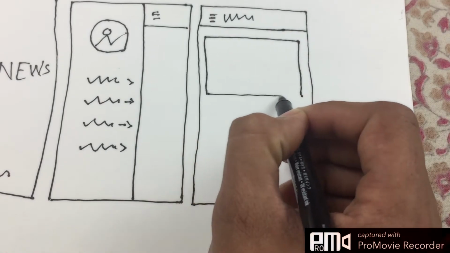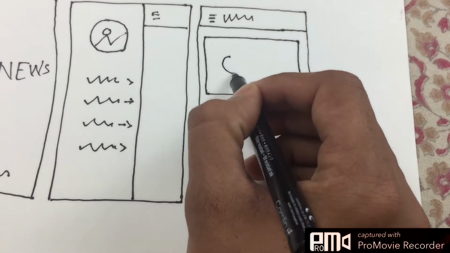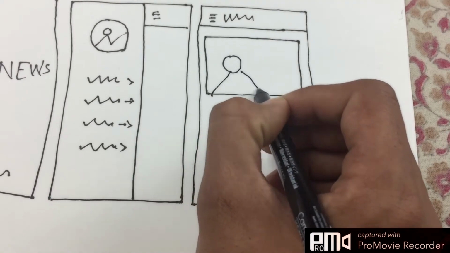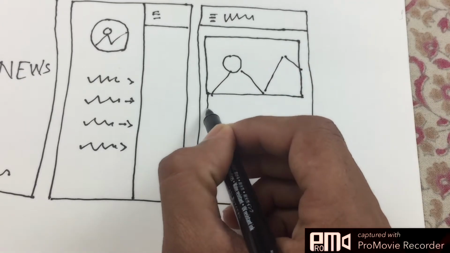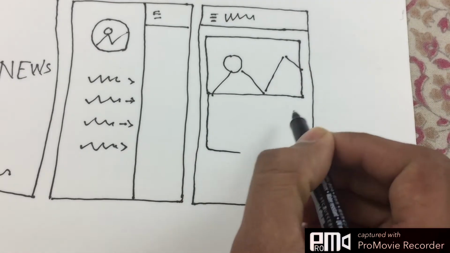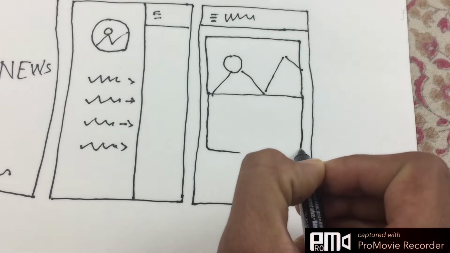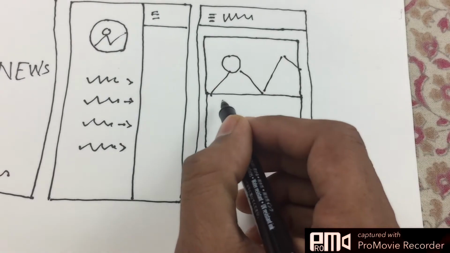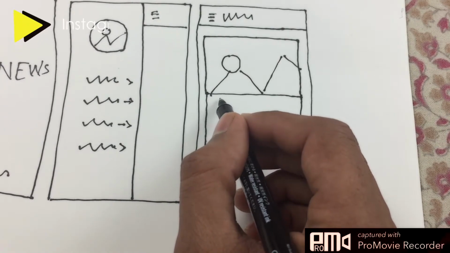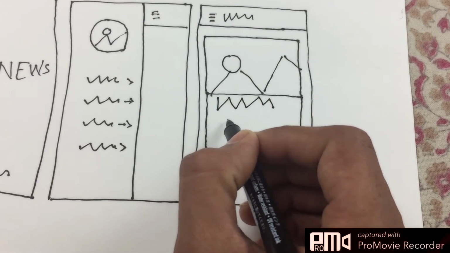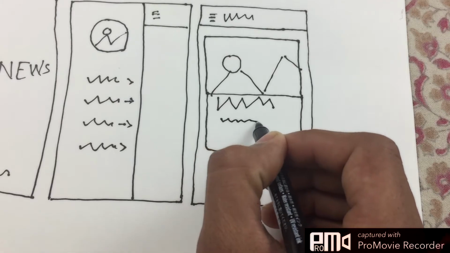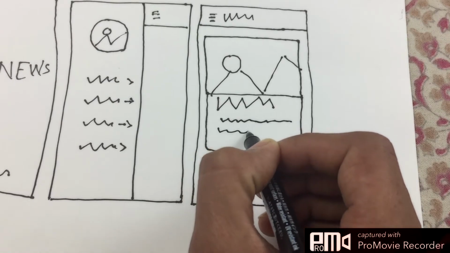This is basically the image which we are going to get into our main app, and the card will be extended with some amount of text of the news. We're going to get the titles over here, and underneath the title some details of that particular news.